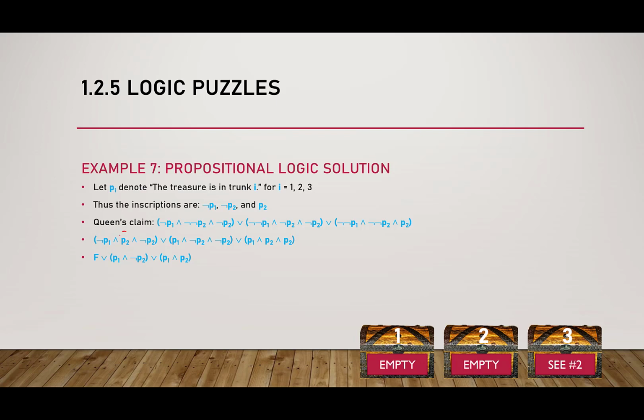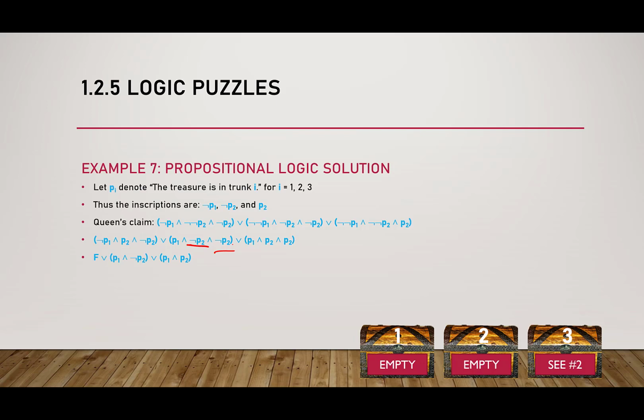So one of these is true and one of these is false, which means that not all three of them are true. If not all three of them are true, then the whole thing evaluates to false. That's where this comes from, okay? Notice the second one here went from this to this. How did that happen? Well, again, if I have this and this, that's just the same thing twice, right?